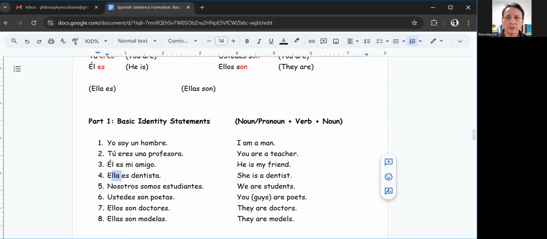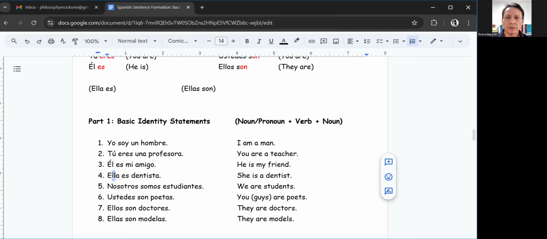Ella, you could think of ella. I don't know if it helps you to remember it, but if you read it like the American name Ella, well, Ella is obviously a girl's name in English, so ella is just she. But double L in Spanish is a hard Y. Not like a yo-yo, but more like a yuck.